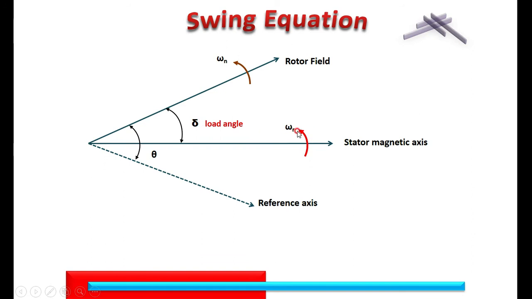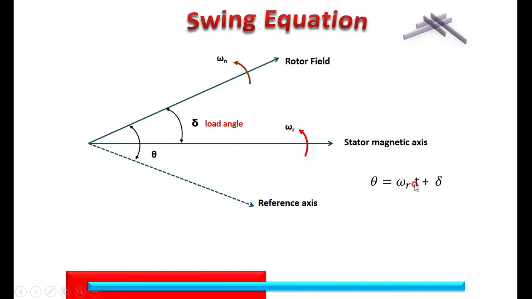Then, since it is rotating with omega r, theta can be expressed in terms of omega r and delta. If the time taken to reach this point is t seconds, the angle traversed from the reference to here is omega r into t, and this angle is delta, so omega r t plus delta is your theta.